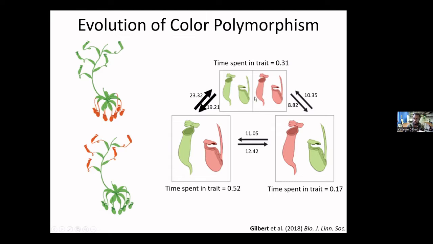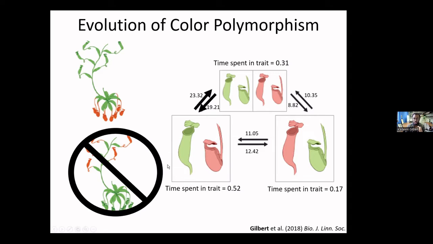Or you lose your color polymorphism. And what I found is that there's a heavy bias across the genus towards the redder lower pitcher state. And then you are far more likely to lose your color polymorphism than you are to evolve in the other direction where you get red upper pitchers.